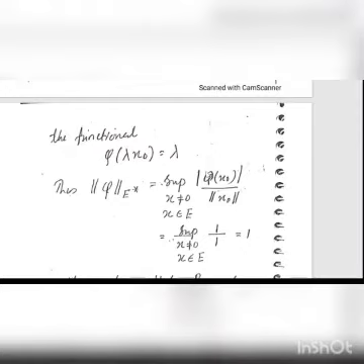From here you can see easily that the supremum will become 1. The reason is we are finding phi of x naught. Phi of x naught means phi of 1 into x naught, right? So phi of x naught will become 1 by definition, since phi of lambda x naught equal to lambda. Now you take modulus of phi of x naught, you will get 1 only. Now again you are taking x belongs to E. What was your E?